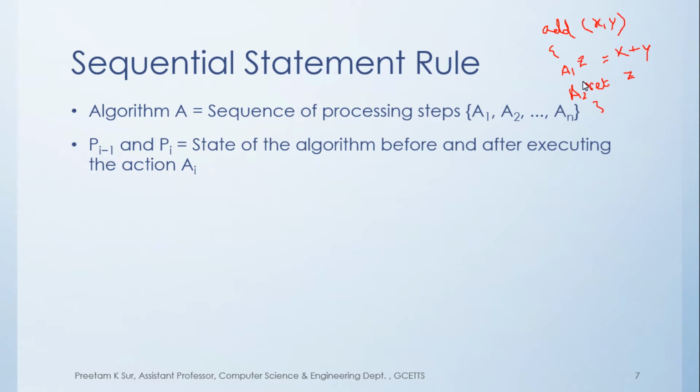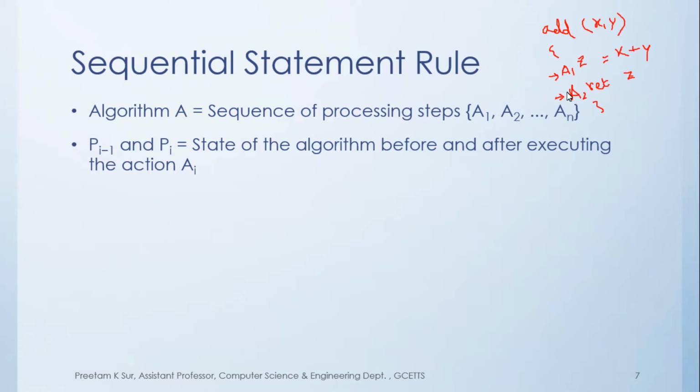Okay, so suppose for this addition algorithm, we have two statements, a1 and a2, right? Now we will have states of the algorithm denoted by p(i-1) and p(i), which denote the state of the algorithm before and after executing an action ai.